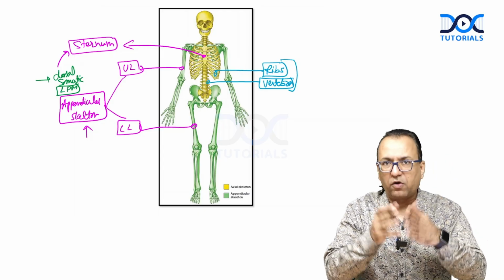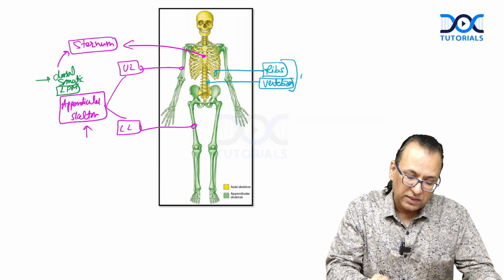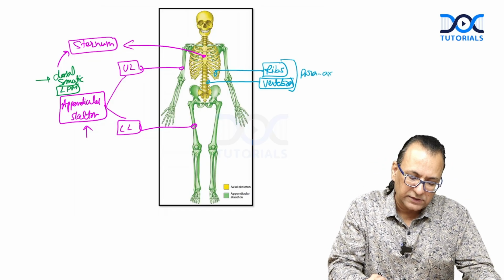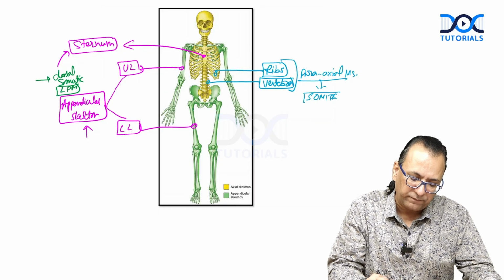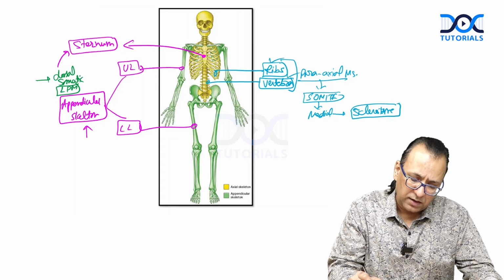We have told they are on the side, paraxial. They are coming from the paraxial mesoderm. Actually, paraxial mesoderm will be forming the somite, and the somite will have one medial component, the sclerotome. So it is the sclerotome which is going to form the ribs and the vertebra.